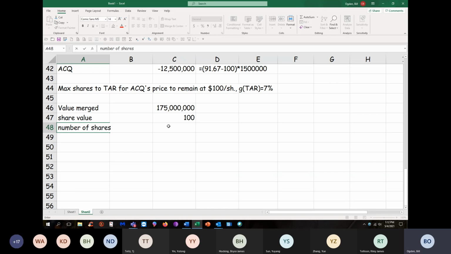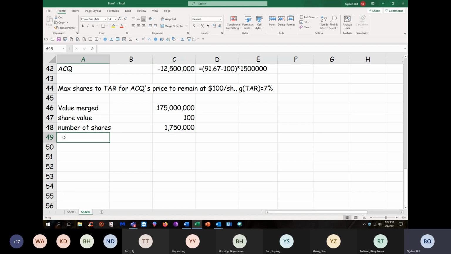Number of shares that would accomplish this? Okay. So if you had $175 million in value, and you had 1.75 million shares, you would have your $100 per share, right?